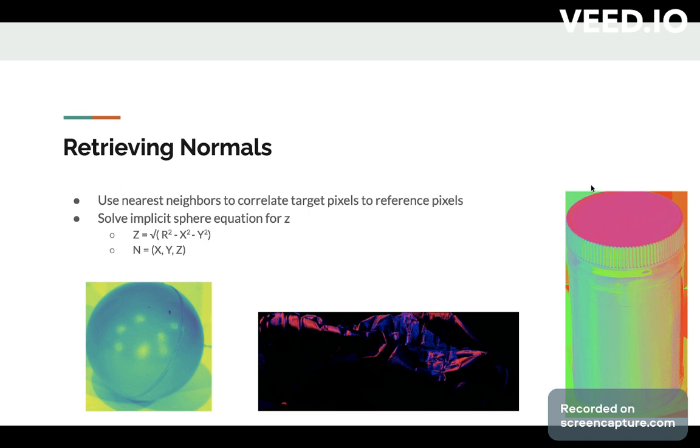Once I got the corresponding pixel coordinates on the sphere, I used those xy coordinates to solve for z using the implicit sphere equation, and then assigned the normal consisting of those xyz back to that pixel in the target image.